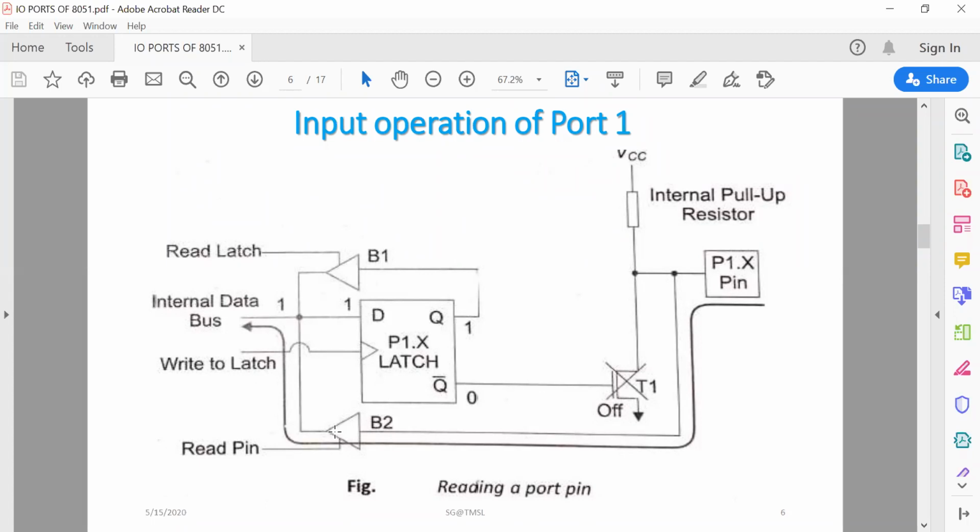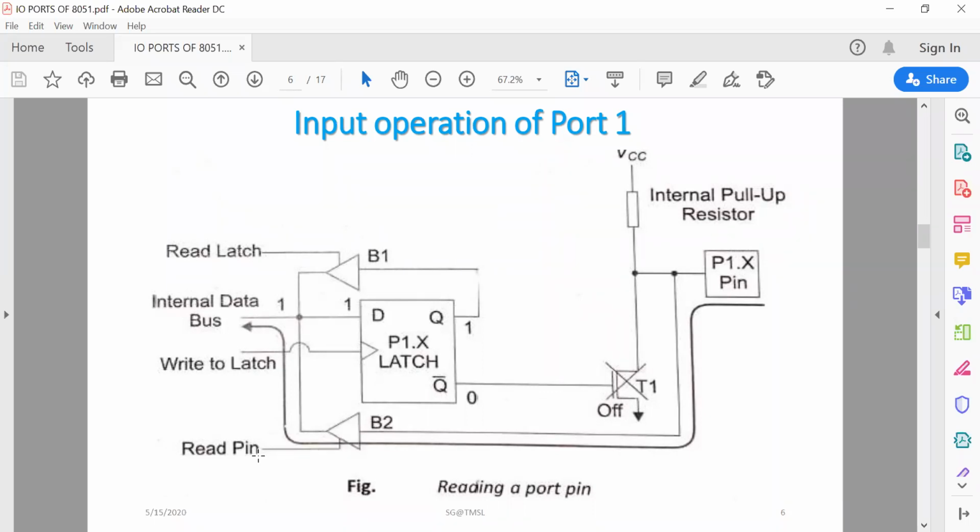When we read the input port using an instruction like MOV A, P1, we move the status of port 1 into the A register. If this instruction is used, buffer B2 will be enabled by the read pin enable signal. Every buffer circuit must have an enable pin, and here it is called read pin.